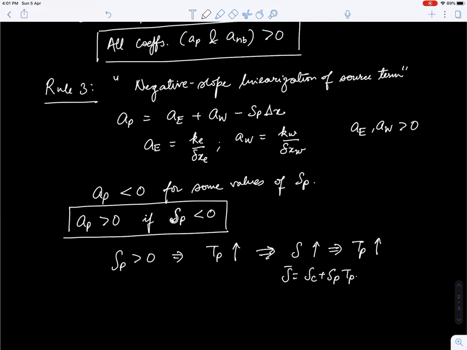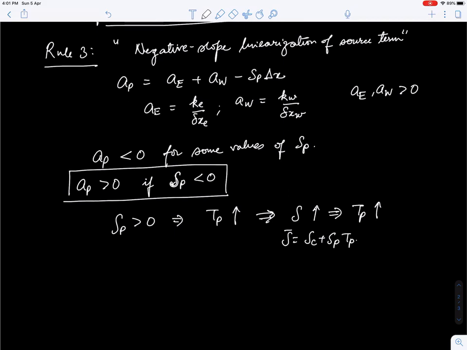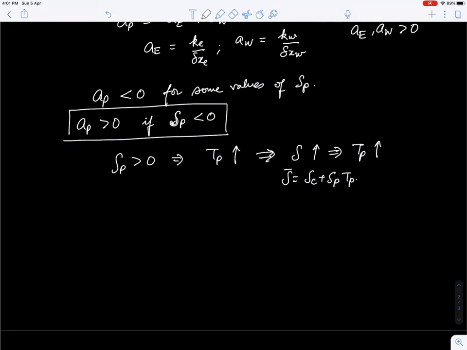So clearly, this would result in a vicious, uncontrolled increase in temperature, which is physically unrealistic. So to avoid that situation, when we linearize a source term, we will ensure in our numerics that SP is less than 0. How we do this is something we'll discuss in the next lecture.